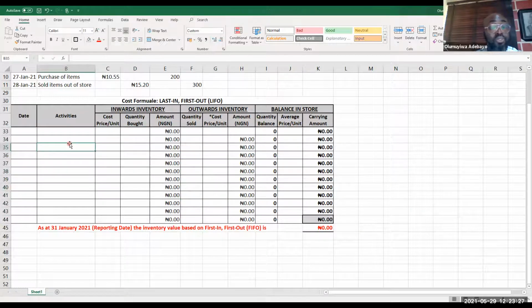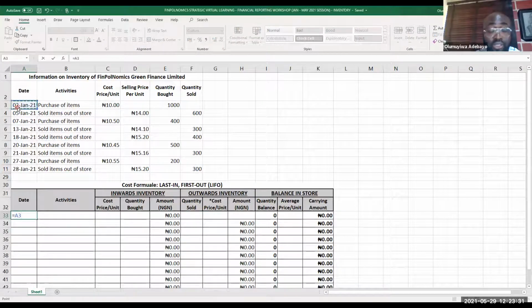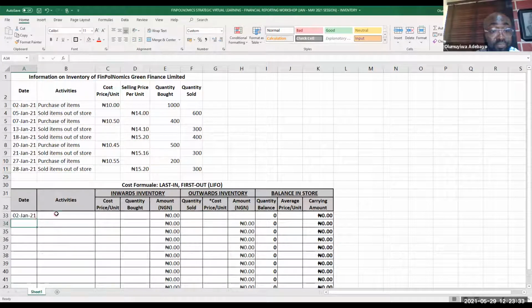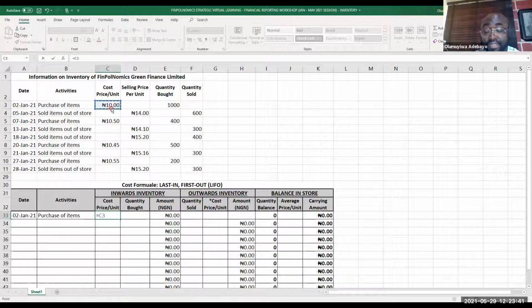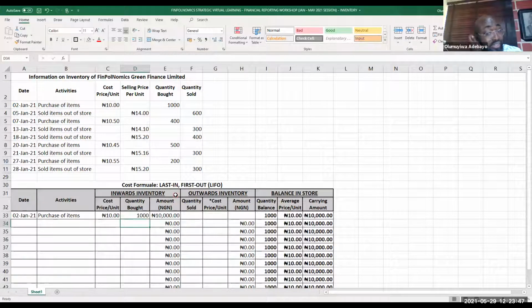Okay. Now, we made purchase on this date. And at a cost of 10 naira, an item of 1,000, and this gives us our cost as at that period.